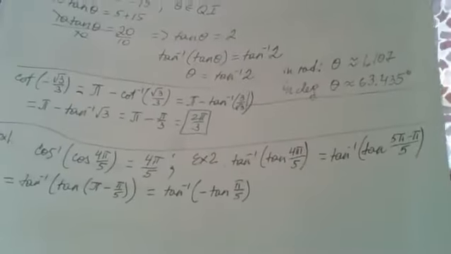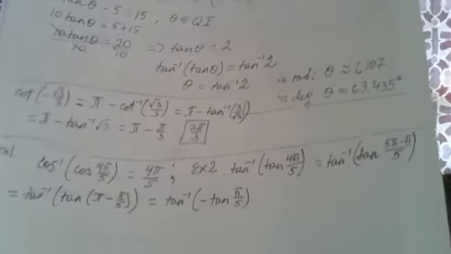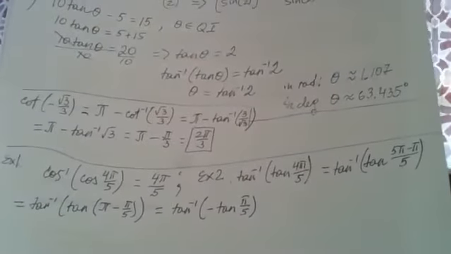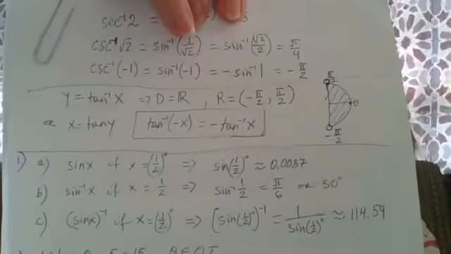So which means I can write down that it will be arctangent of minus tangent of pi over 5. According to the formula, which you have right here in parentheses about arctangent of negative numbers, I can write that it will be minus arctangent of tangent of pi over 5.